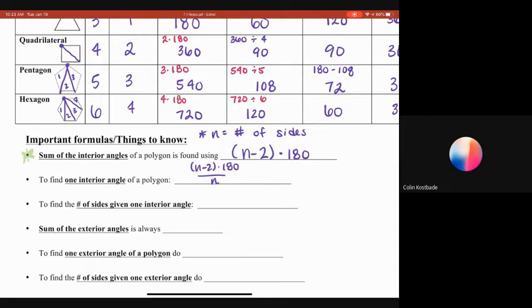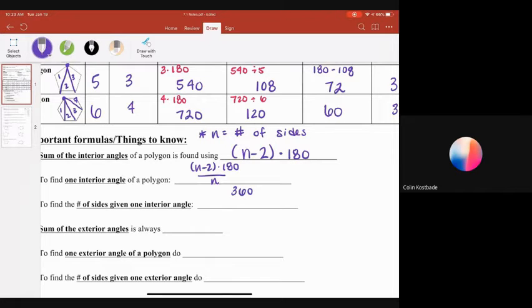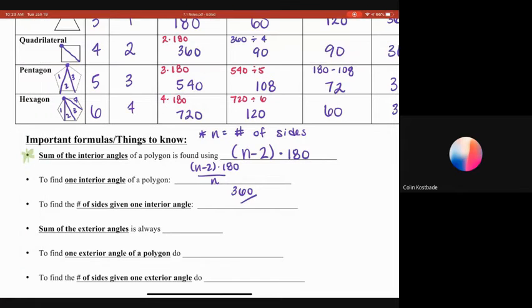Because isn't the sum of your exterior angles always the same no matter what shape it is? That's what's nice about it. It's consistent. So what we do is we take the sum of the exteriors, which is 360, and we divide it by an exterior angle. But you don't know the exterior angle, you know the interior.